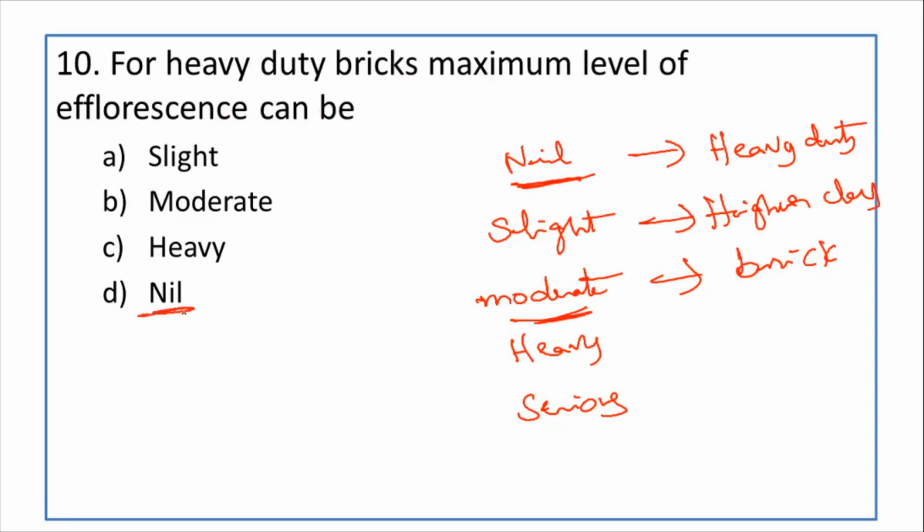It should not be more than nil. For the higher class brick it should not be more than slight, and for the brick used in the construction it should not be more than moderate. Okay, that's the thing. For the heavy duty brick, what is the minimum compressive strength required? 14 Newton per mm square.